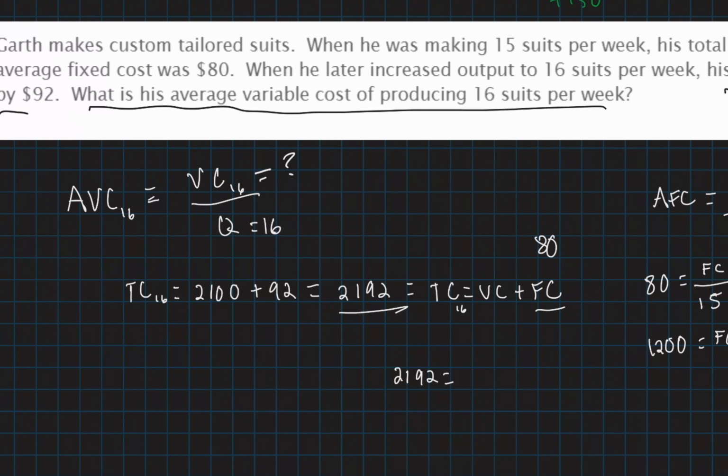is equal to 1,200 plus variable cost of 16. Minus 1,200, minus 1,200. This is a lot of pressure.